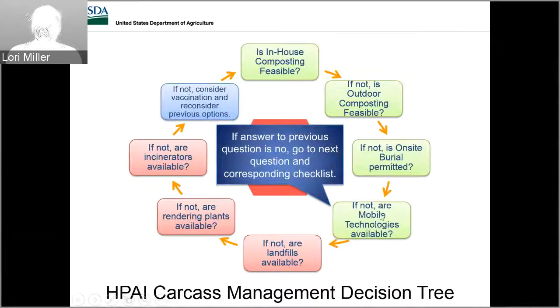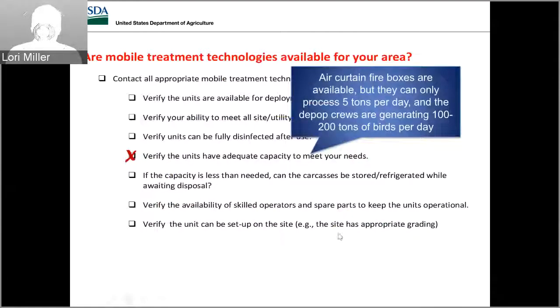So what about mobile technologies? Can we bring an air curtain incinerator or an autoclave shredder on site to help us? Well, what we found in 2015 was that capacity was an issue with mobile technologies. If they were small enough to be transported down the road, they didn't have enough space to process enough material.